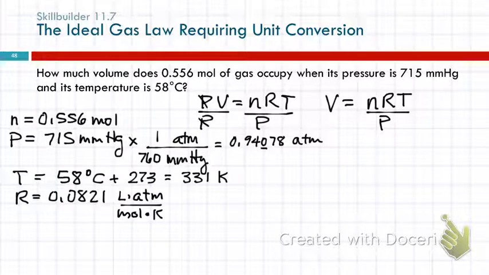Okay, so now we've got the right units. Volume equals. And sometimes you'll be given a problem where the amount of gas is given to you in grams, and then you have to convert to moles.